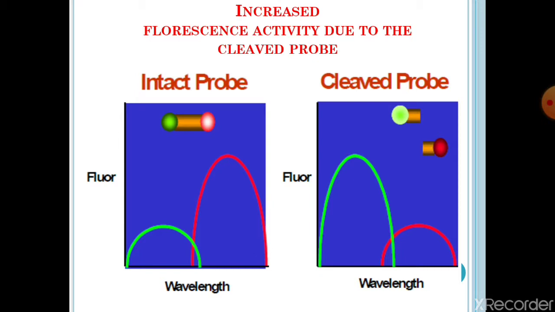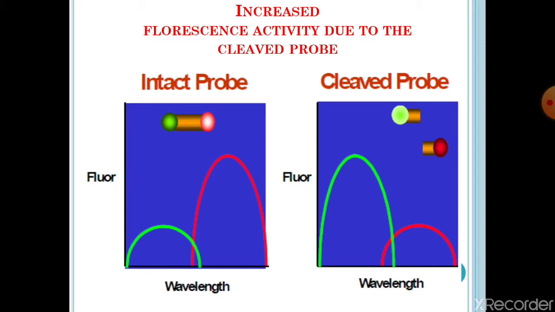Now the fluorescent emission of the reporter increases and the emission from the quencher decreases. Here you can see the green line shows the emission by the reporter, and the red line shows the emission by the quencher dye.